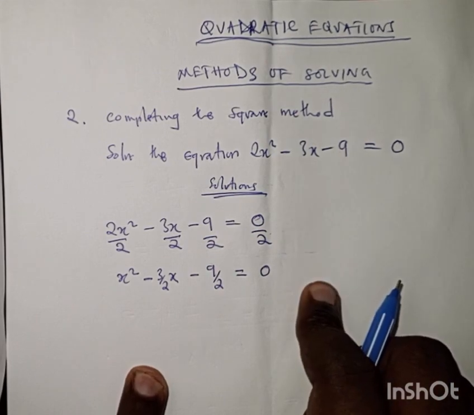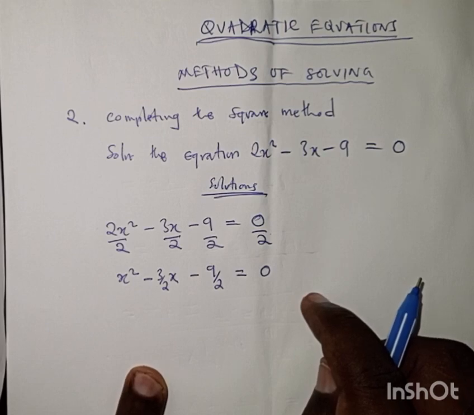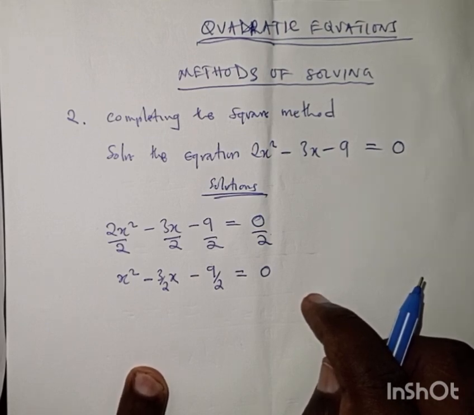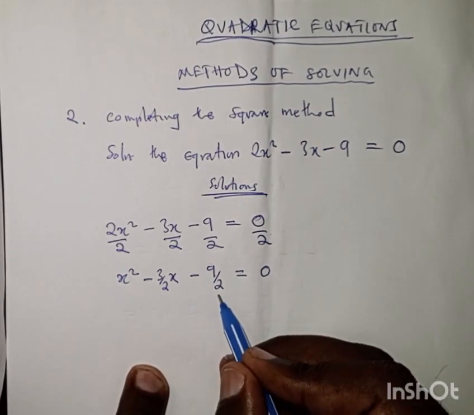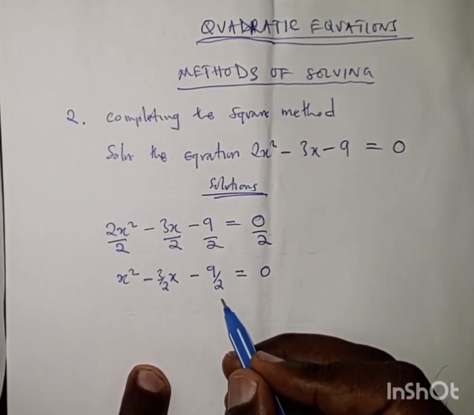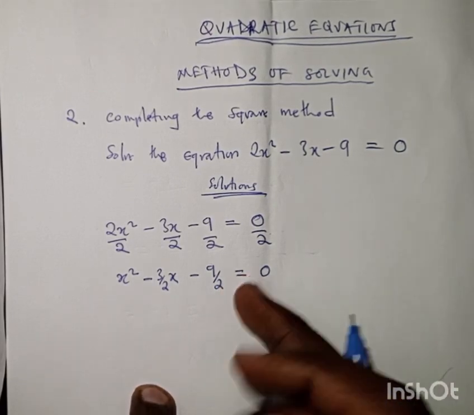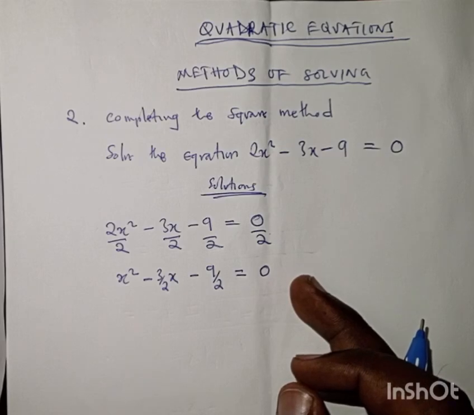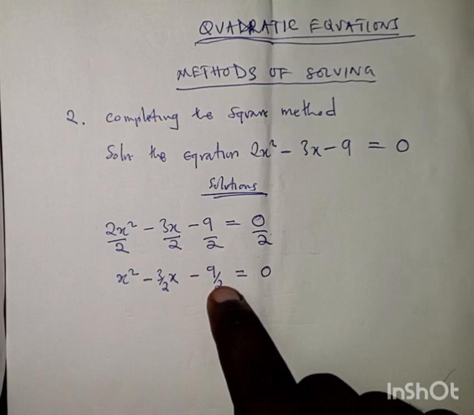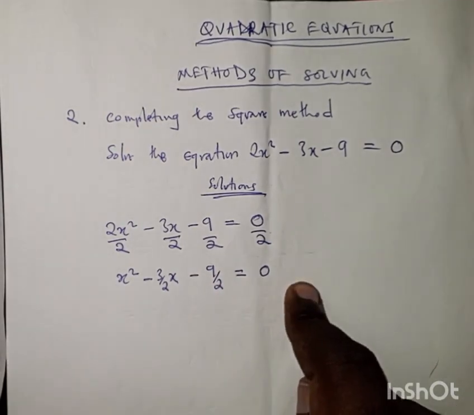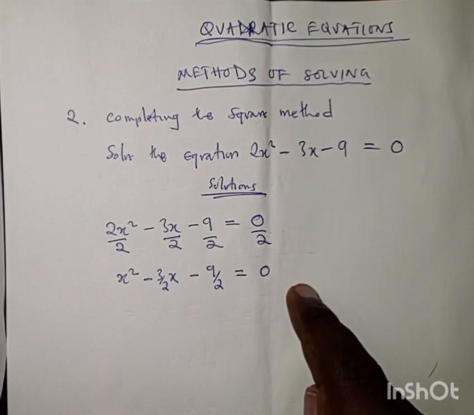Since here there is minus 9 over 2 and we want to get rid of it, the opposite is plus 9 over 2, so you add 9 over 2 to both sides of the equation. In simple terms, we are just taking this 9 over 2 to the other side; here it is minus, and when it comes here it becomes positive.